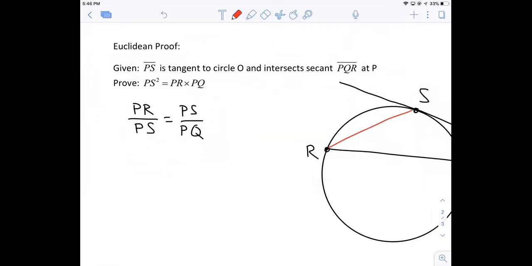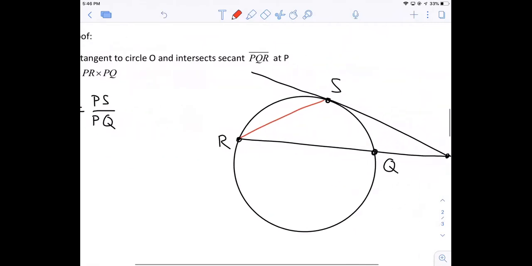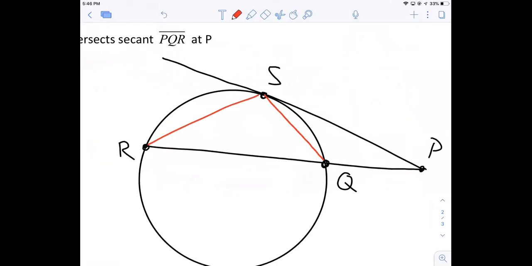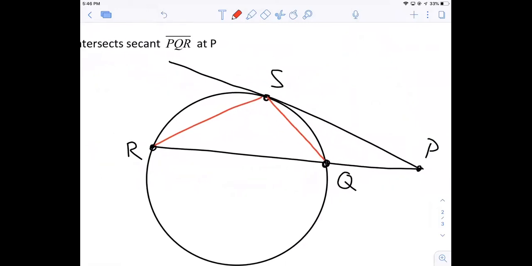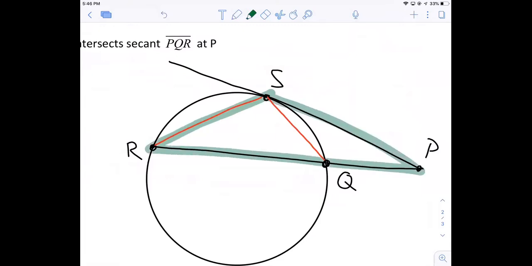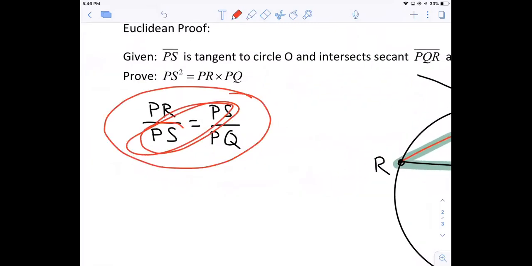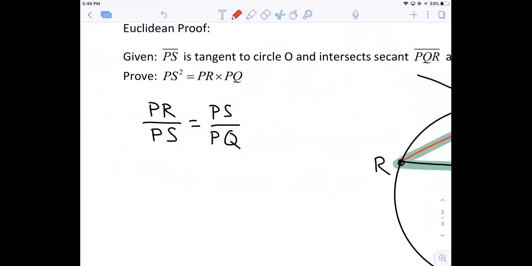So if I look along the denominator, I see P, S, and Q. So that is my other triangle, PSQ right there. So if I can prove this big triangle similar to the smaller triangle, I will have enough information to set this up and therefore prove that PS is the mean proportional between PR and PQ.